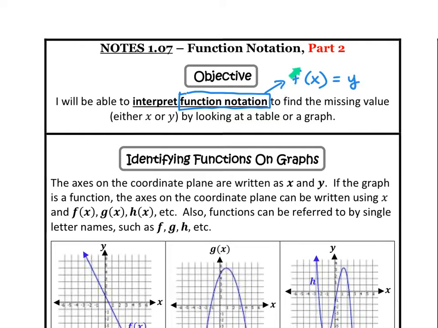And so f was the name of the function. Sometimes they might call the graph or the function f. They might use the letter g or h, which is what we might see today in the notes. But we're trying to interpret this notation and use it to find the missing x or y that we're looking for either in the table or in the graph.